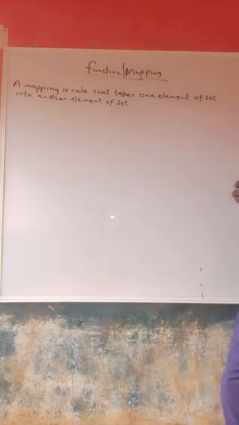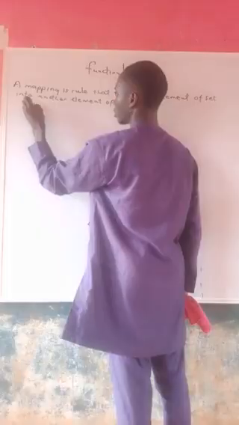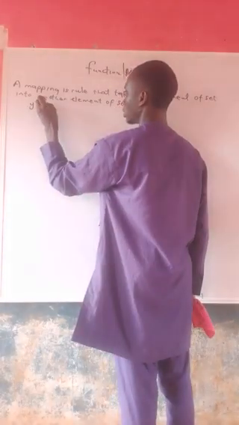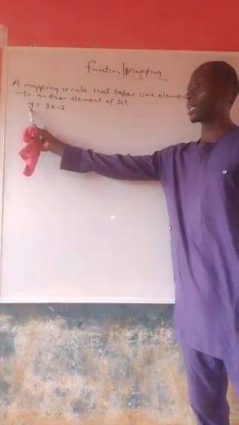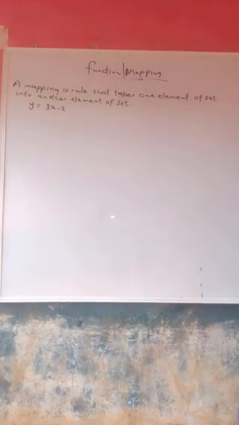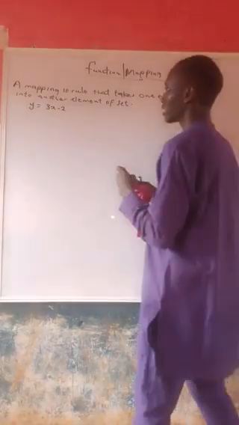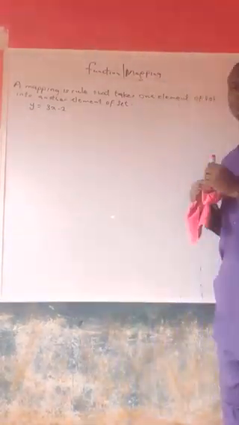Assuming we are given y equals 3x minus 2. If you look at this, y is standing as the subject of the formula here. So we call this kind of variable the dependent variable, while we say that x is the independent variable.